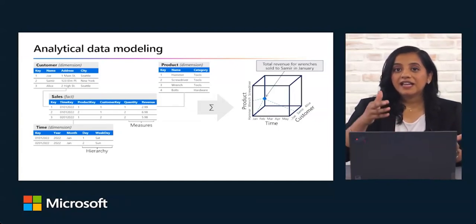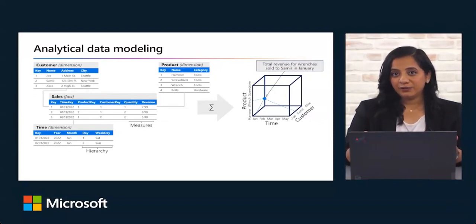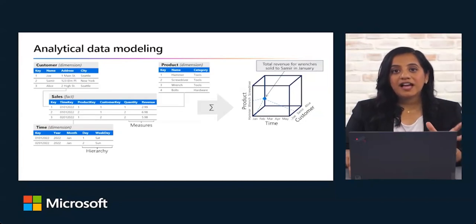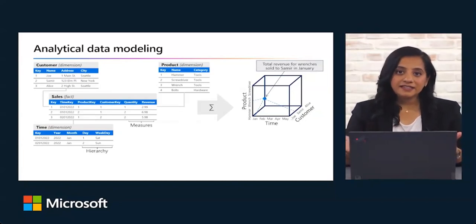Each entity is represented by a row with a unique key value. The remaining columns represent the attributes of the entity. For example, products have names and categories, and customers have addresses and cities.